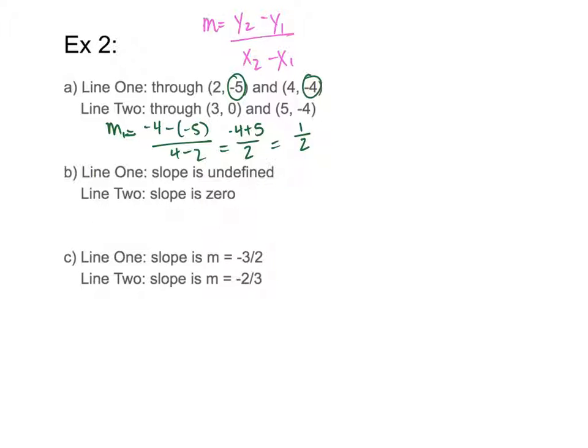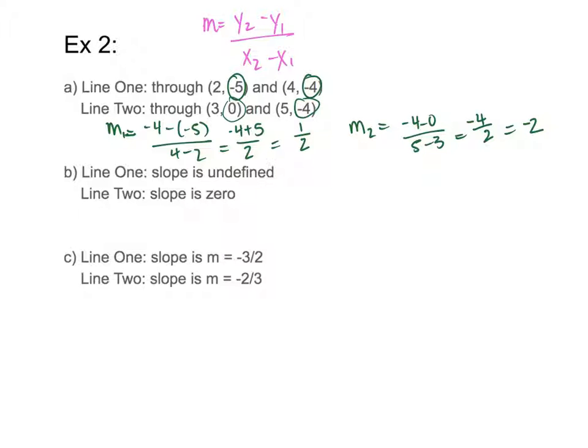And then we're going to take a look at the second line here. So that's going to be -4 minus 0 over 5 minus 3. So this would be -4 over positive 2, which is -2.